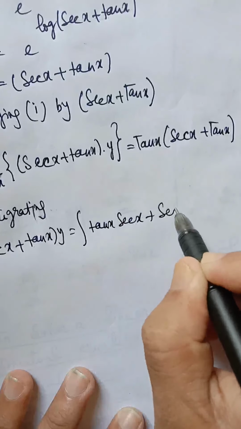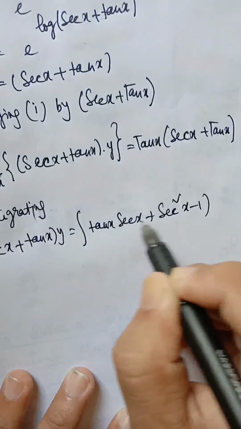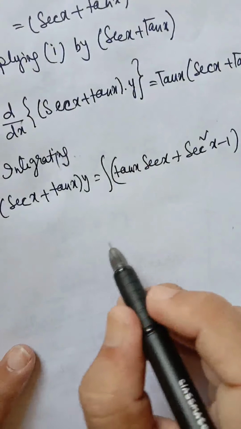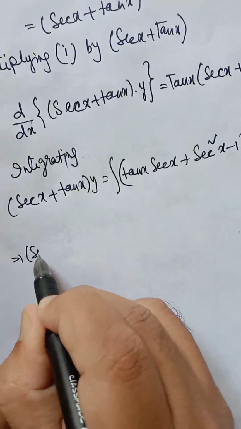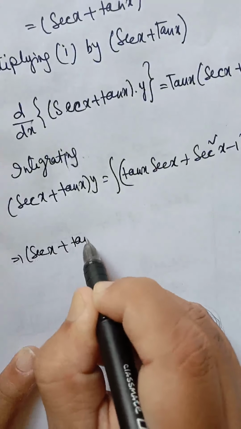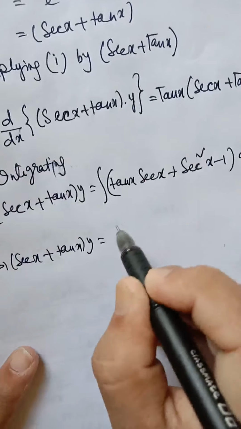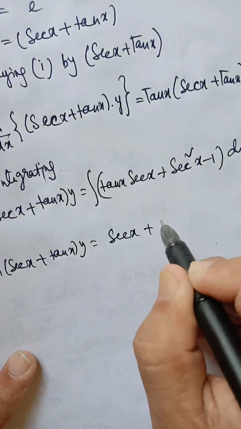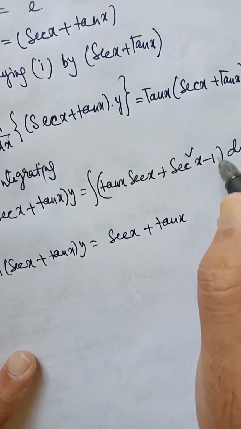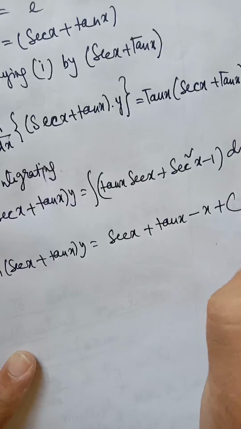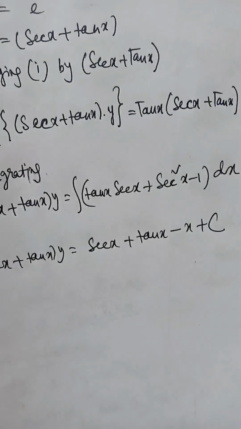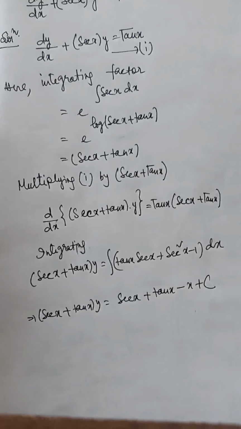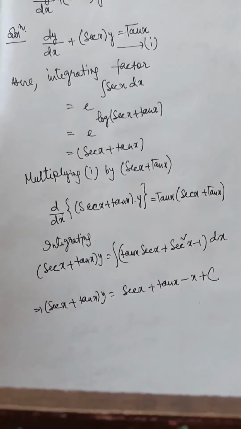Tan square x we will write as sec square x minus 1 dx. So the left hand side will remain the same, sec x plus tan x into y. Our right hand side will be integration of tan x sec x is sec x, integration of sec square x is tan x, integration of 1 is x plus c. And this is the solution of the given linear differential equation.